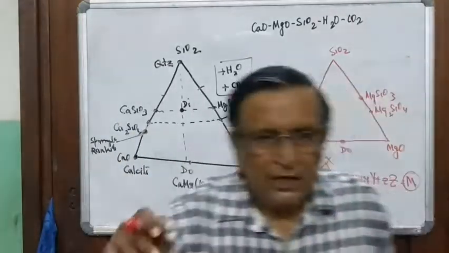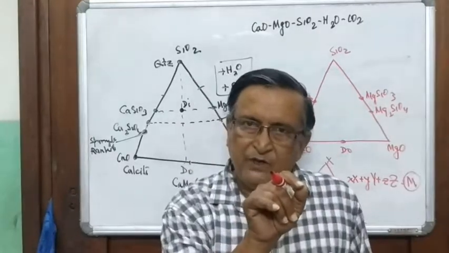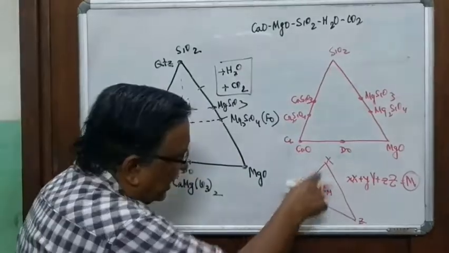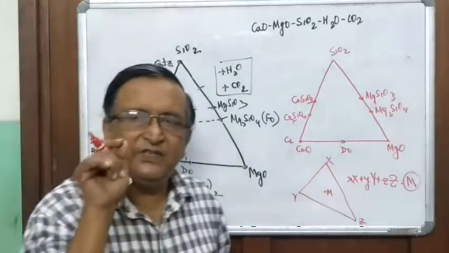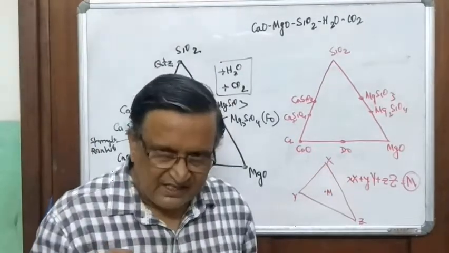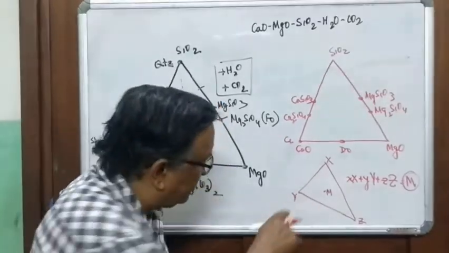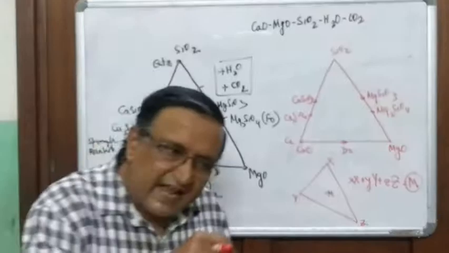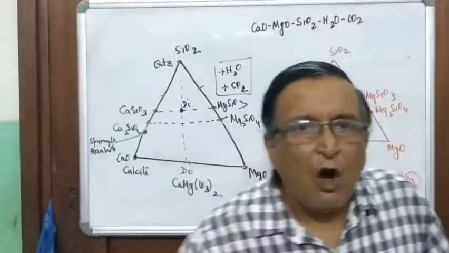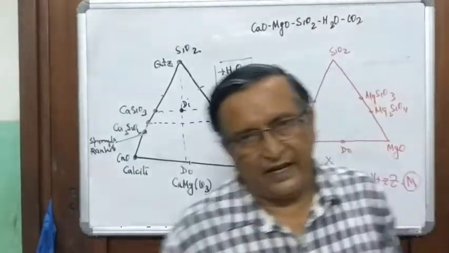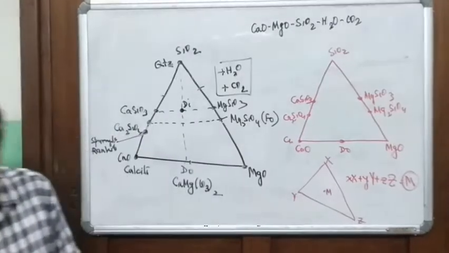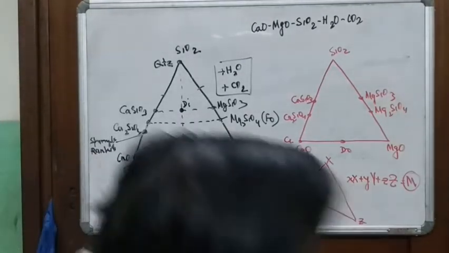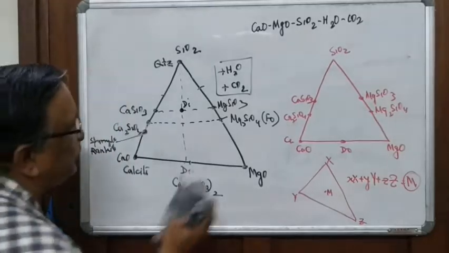So either if you take a line and there is a mineral in between, or you take a crossing tie line, or you take a line within a composite or a point within a composition space, all of these minerals, say M or BB, whatever I've shown you, can be expressed in terms of the apices of the triangle.